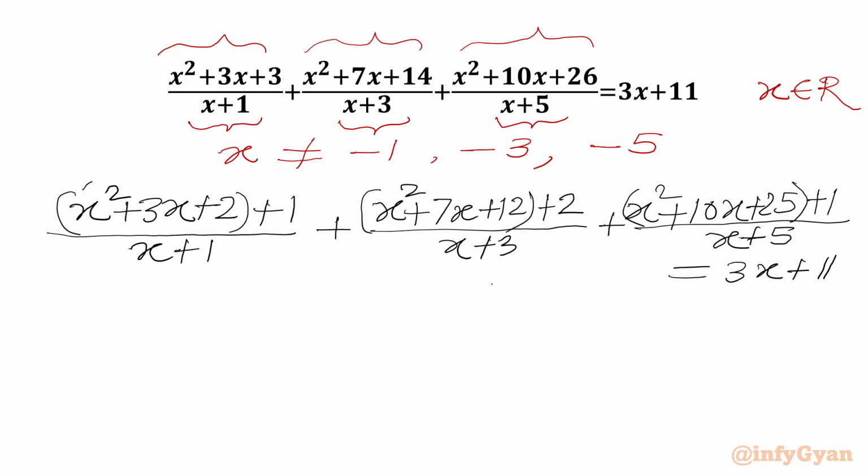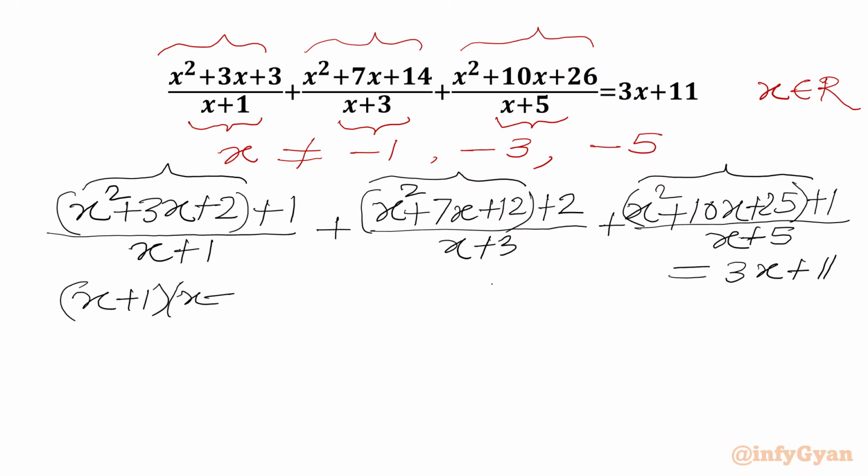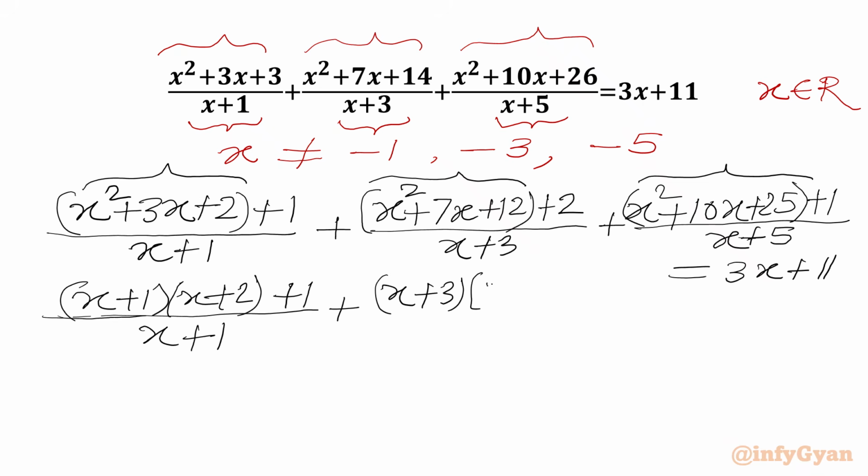Now we have to factor these brackets. So we can write easily x square plus 3x plus 2 is x plus 1 times x plus 2. Then we have plus 1. The denominator is x plus 1. Plus x square plus 7x plus 12, we can factor as x plus 3 times x plus 4.